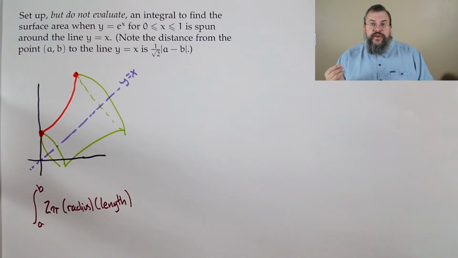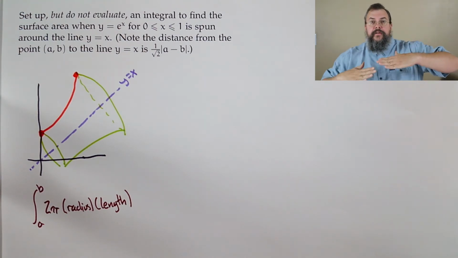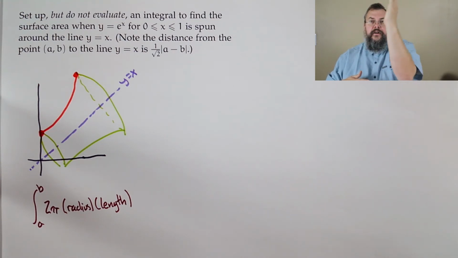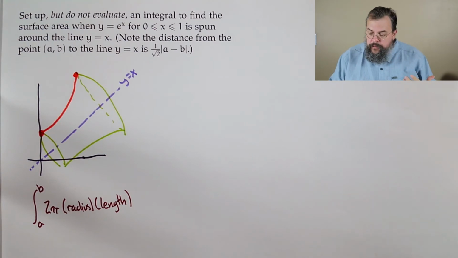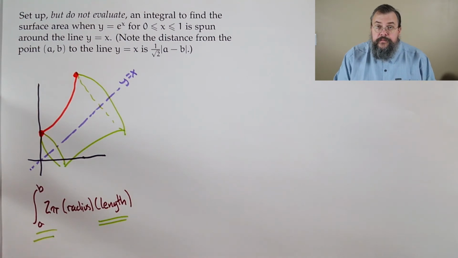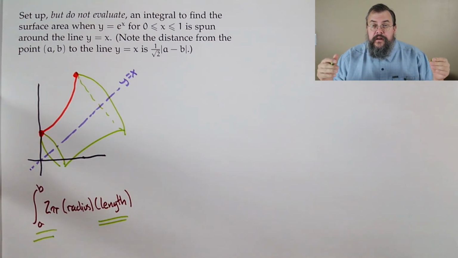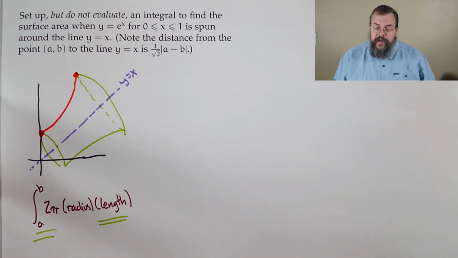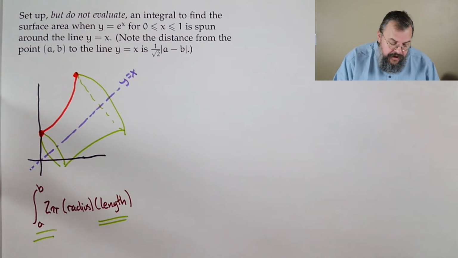So what changes when we change what line we spin around? So what changes if a line here versus a line there, or a line here, or a line there, or maybe even a line here? Well, let's think about what doesn't change. The parts that don't change are the length, this integral from A to B. So what we really have to do is spend our energy on this part.